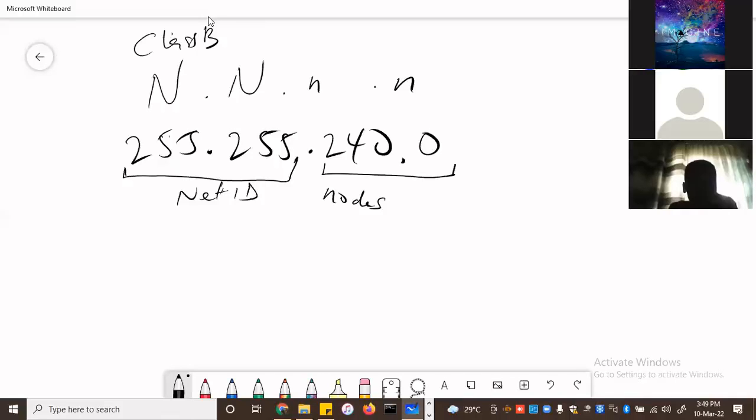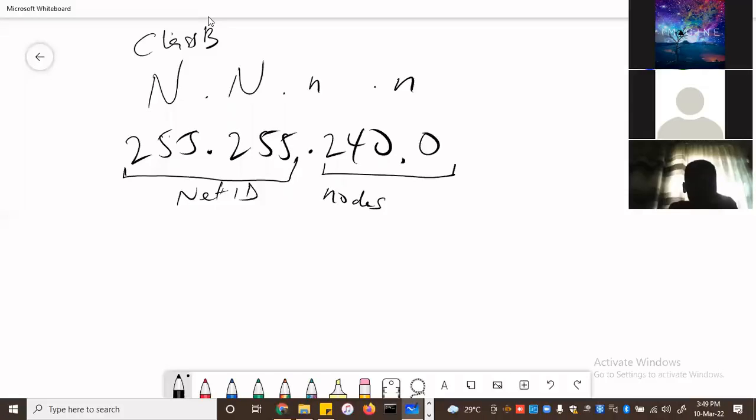By default, you're supposed to have 255.255.0.0. But because of subnetting, to minimize the wastage of IP version 4, they've taken up some of the full 8 bits that this octet was supposed to occupy.